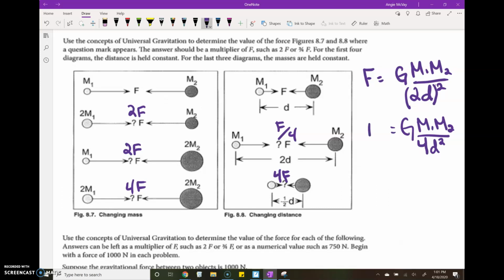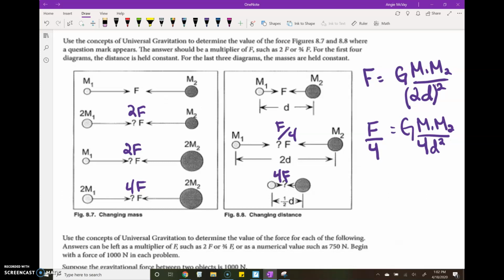So if you double the distance, that gets squared, and on the right-hand side, you've got an extra factor of 4 in the denominator, which means there must be an extra factor of 4 in the denominator on the left-hand side as well. So that means you double the distance and the force is divided by 4.